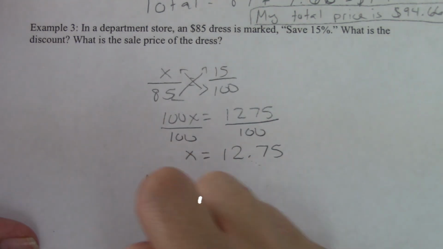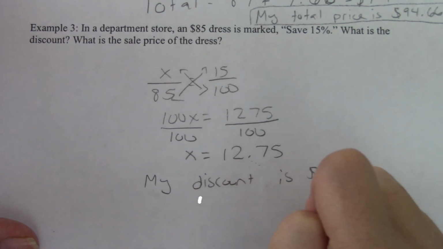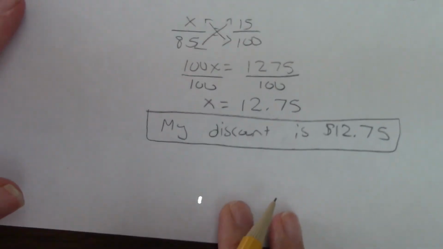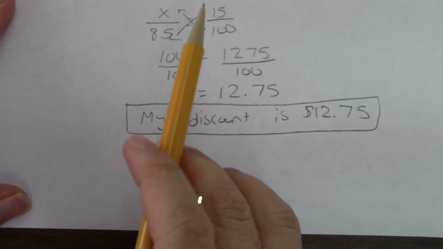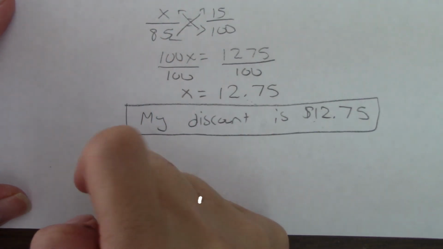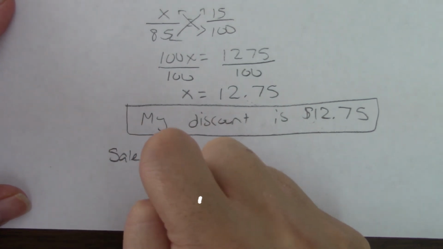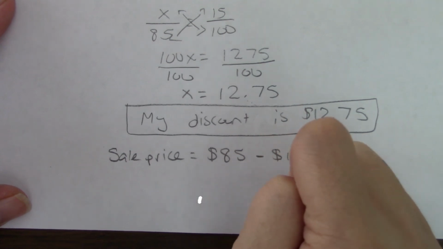So my discount is $12.75. Now I need to figure out the sale price of the dress. My sale price is just going to be the original price minus the discount. So my sale price is equal to $85 minus $12.75.